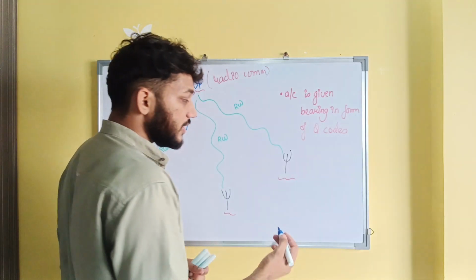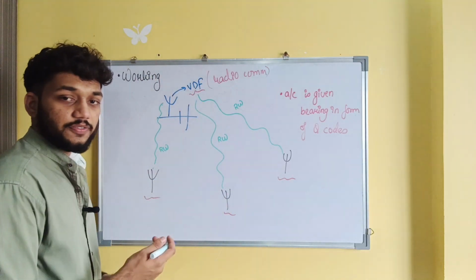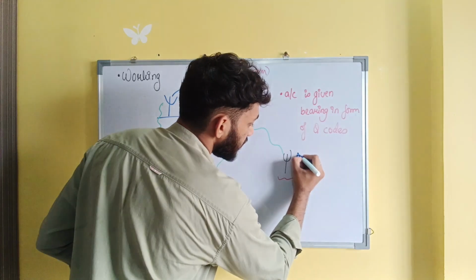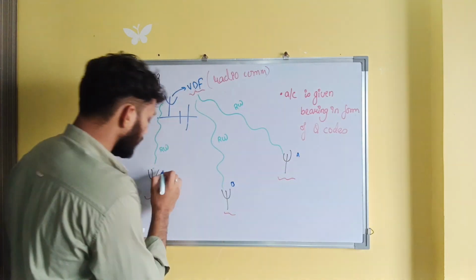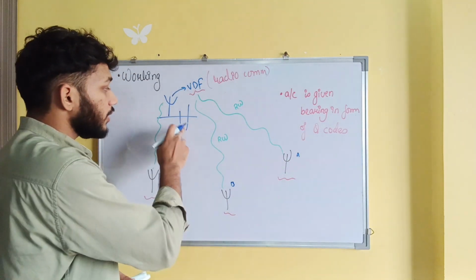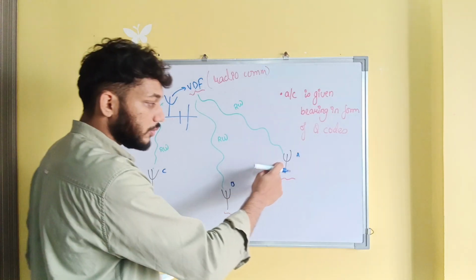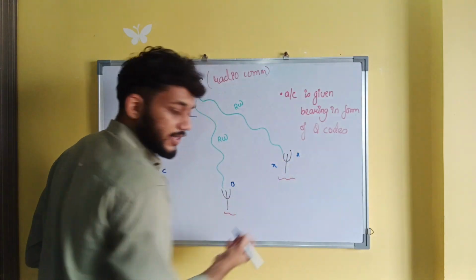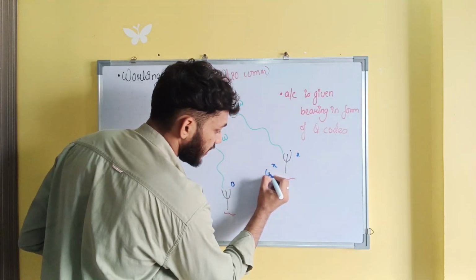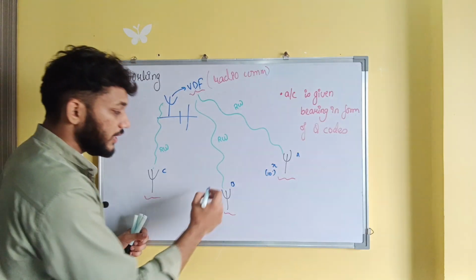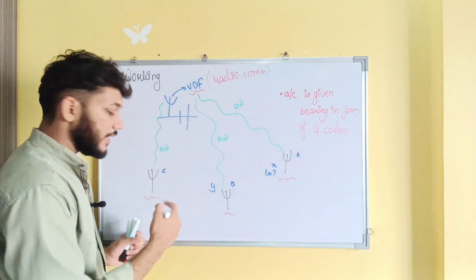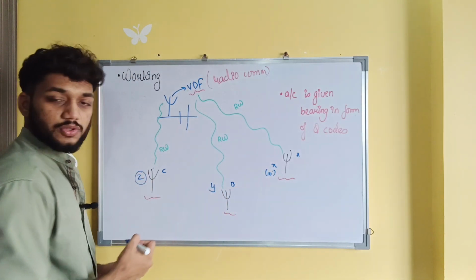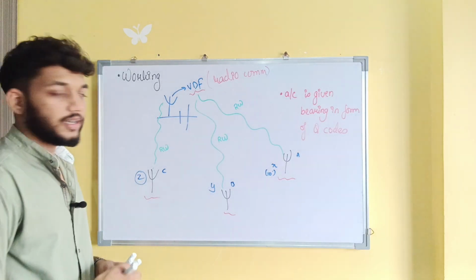Now the airport has various antennas or receivers at different locations. So suppose this is receiver Alpha, this is Bravo and this is Charlie. So the aircraft's position with respect to Alpha will be some x degrees, suppose 10 degrees. With respect to Bravo, we are assuming it's y degrees, and with respect to Charlie, it is z degrees.